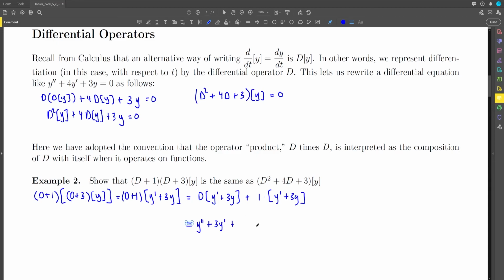And then plus y prime plus 3y. We can then combine the y primes here, and we get that y double prime plus 4y prime plus 3y is another way of writing this differential operator. In shorthand notation, we can write that as D squared plus 4 times the derivative plus 3 acting on y. And we will see the significance of this in the next video.